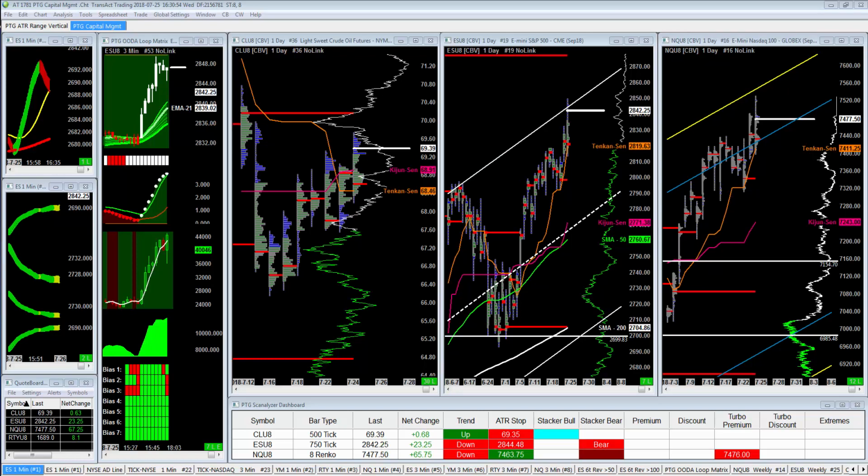Now the one to the right of that, the title of that is the PTG OODA Loop Matrix, OODA, and that stands for Observation, Orientation, Decision, Action. And in our educational material, we actually have a video workshop on how to think in probabilities. Traders think in probabilities.